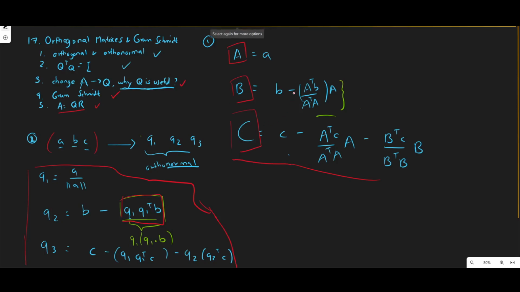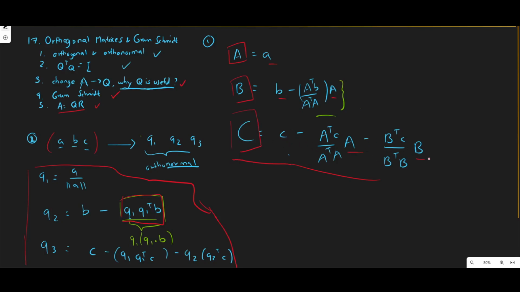There's one thing that I would like to note. Observe that when we compute capital A, capital B, and capital C, capital A depends only on the vector A, whereas capital B depends on the vectors B and A. So two variables play a part there, while in capital C three variables play a part.